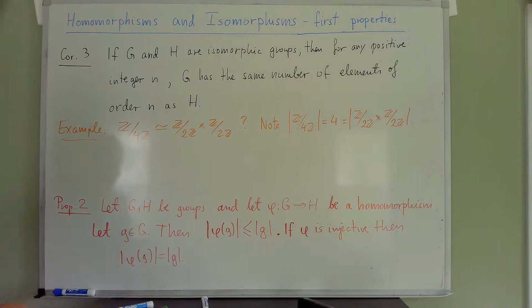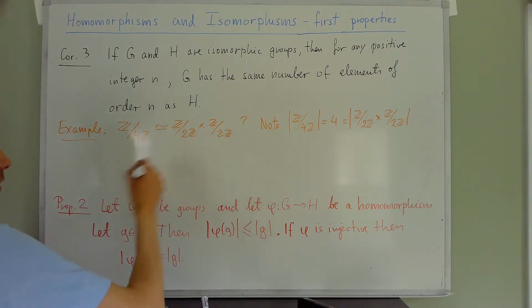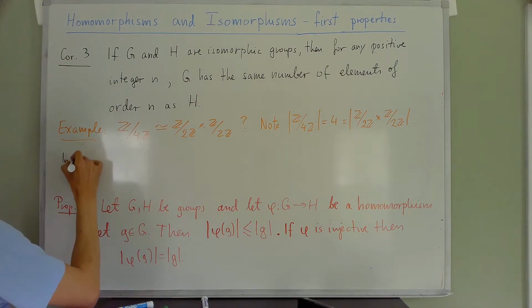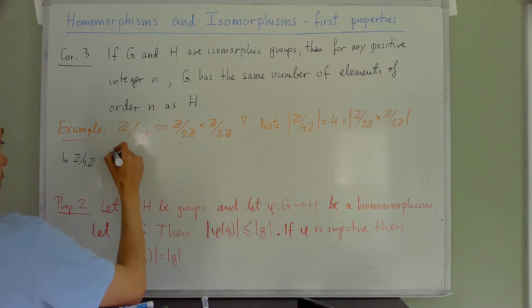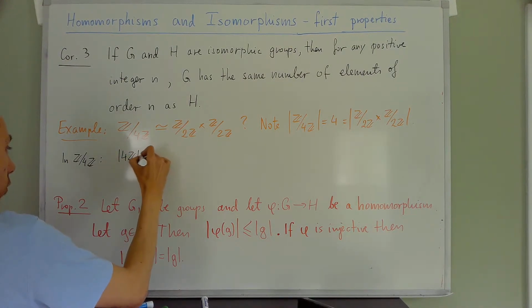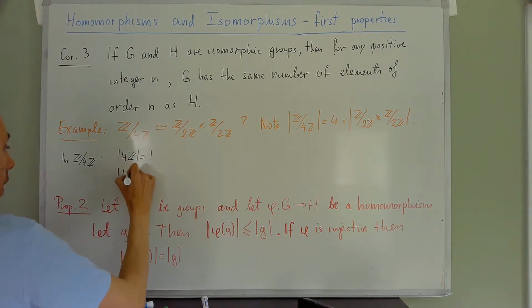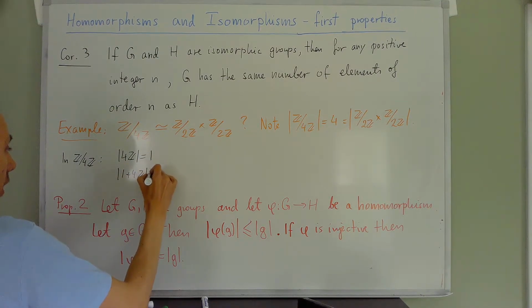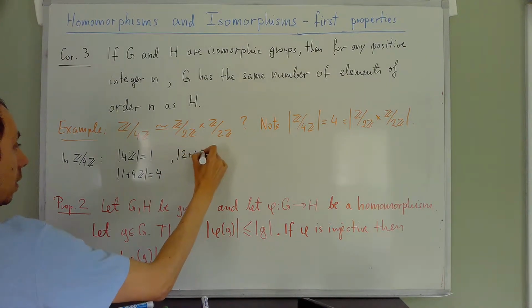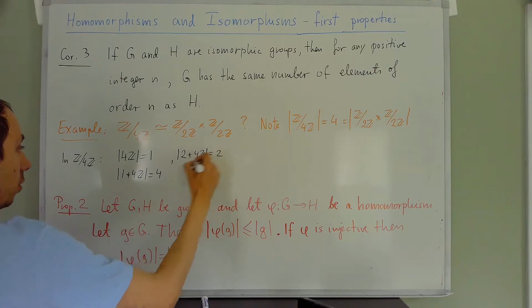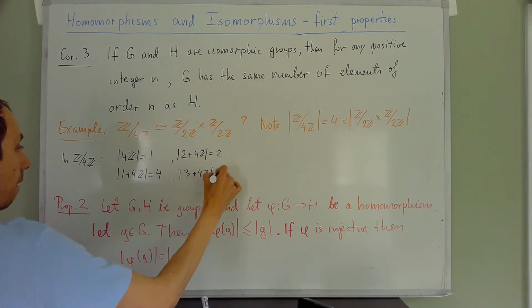But let's look at the orders of their elements. So, in Z mod 4Z, we have the following elements. 0 plus 4Z, its order is 1. 1 plus 4Z, we already did this calculation, the order was 4. 2 plus 4Z, the order was 2. And 3 plus 4Z had order 4.